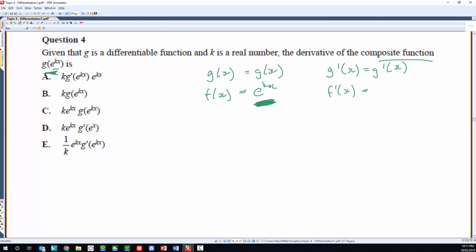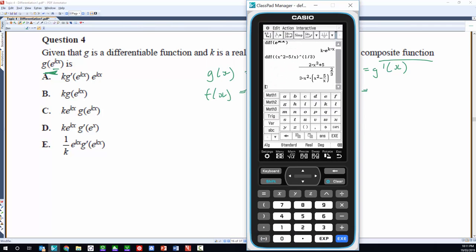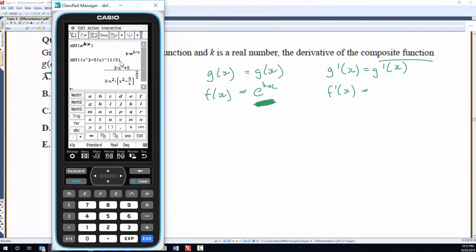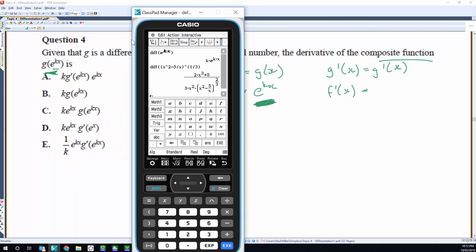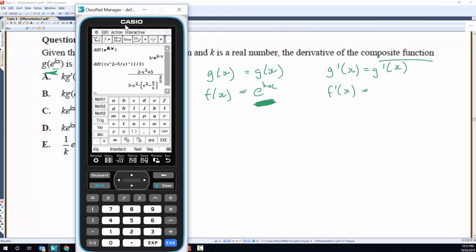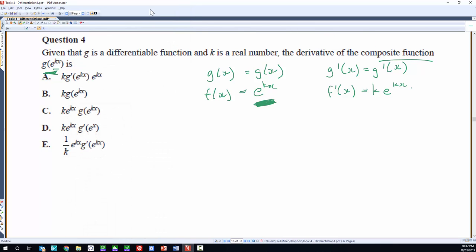All right, so what I'm going to note here is that my calculator, because this is the calculator section, will actually do that for me. And you can see here, this is me from earlier in the day working the problem. I've just diffed e to the kx, because it's a multiple choice question. Remember, I'm allowed my calculator in this section. So I've diffed e to the kx. That's told me that the answer is k e to the kx.